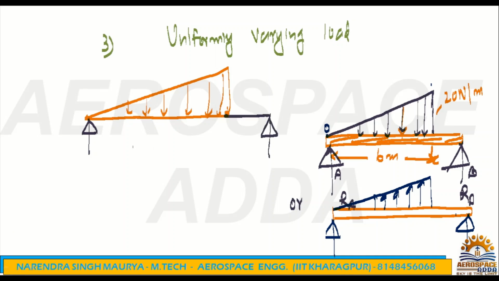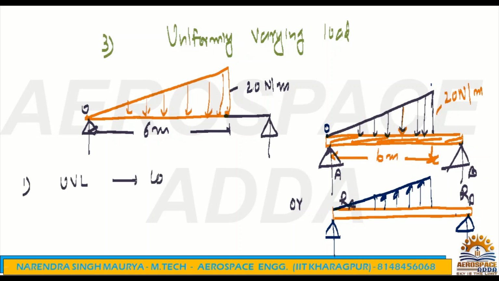Now it's fine. So this length is the same diagram I have taken here. It is spread up to 6 meter, and this value is 20 Newton per meter. Here it is 0. Now my job is to convert this UVL, first point, we need to convert into concentrated load.